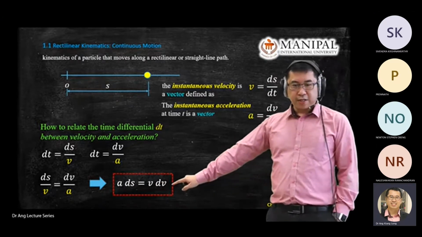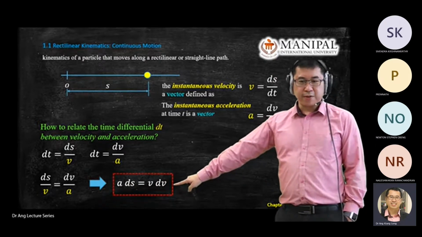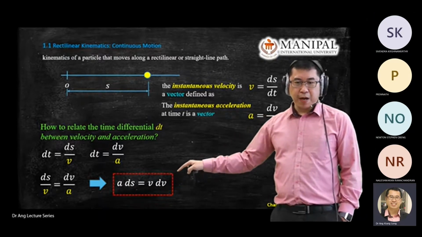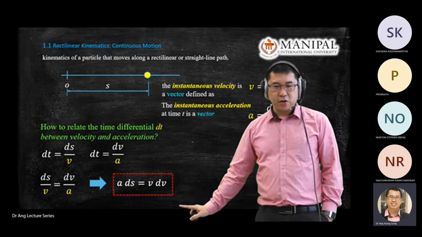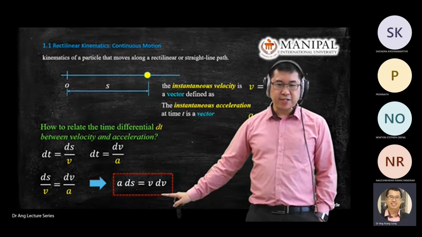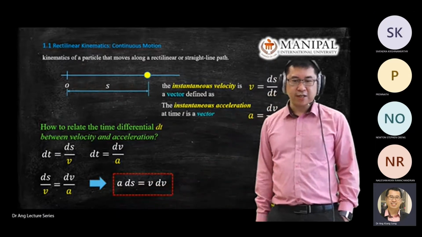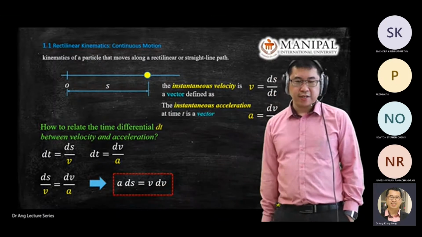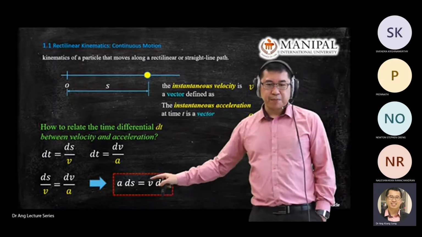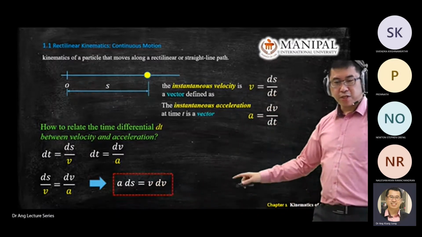If you learn about integration, you put in the integration sign and you're able to find the missing parameter. This is a very powerful equation, where with this equation alone you can solve acceleration, displacement, or velocity. So this is the fifth equation.